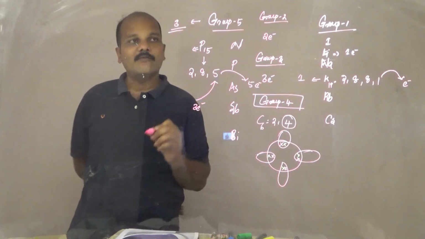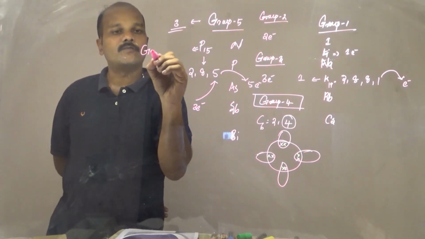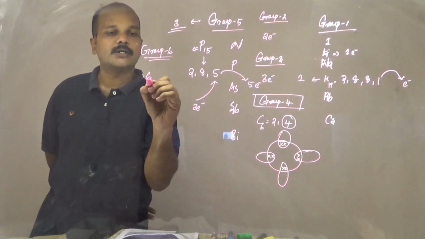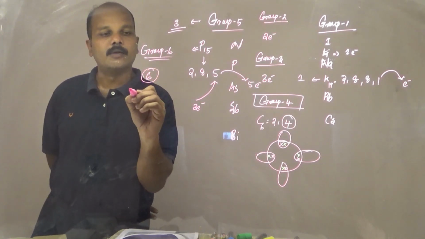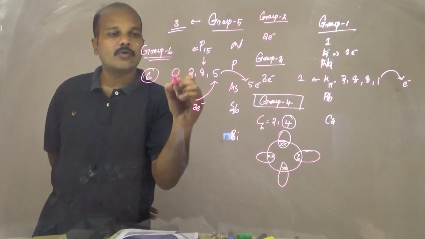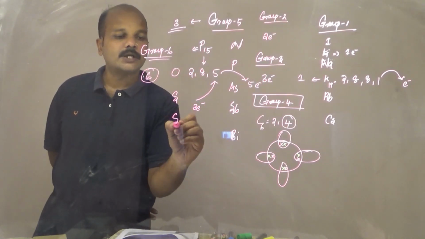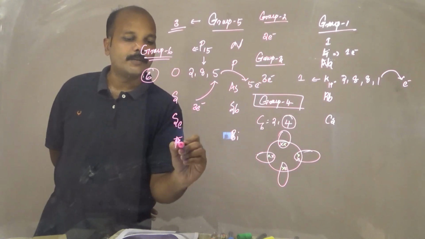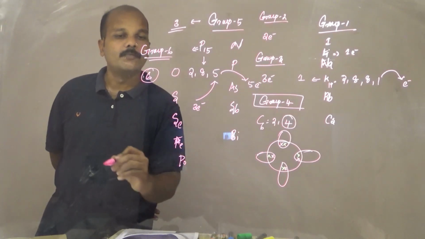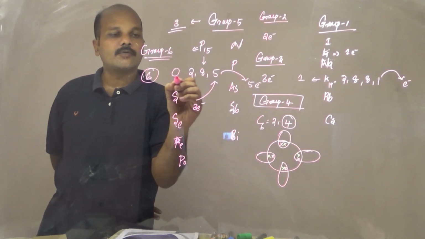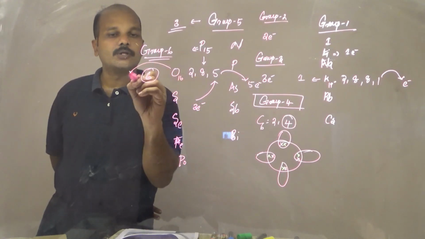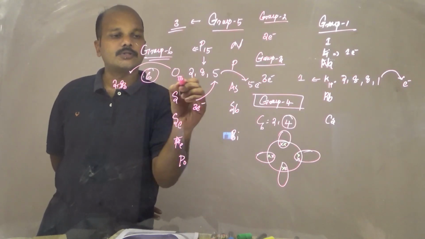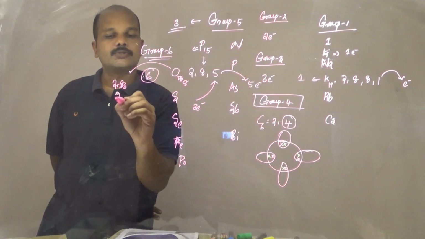And the same way for group 6. 6 electrons will be in the outermost shell. The elements are oxygen, sulfur, selenium, tellurium, and polonium. Oxygen has atomic number 8, so 2, 6.